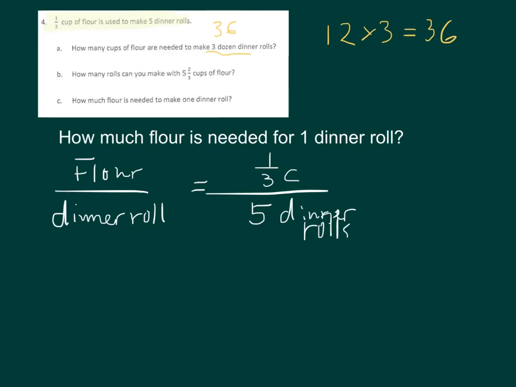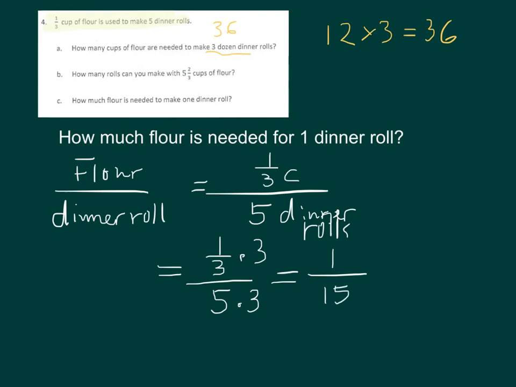Okay, so this is a complex fraction, so let's simplify it. So 1/3, I'll write down the unit when I'm done, over 5. I'm going to multiply the big denominator and the big numerator by 3 to get rid of this little denominator of 3. So 1/3 times 3 gives me 1, and then 5 times 3 is 15.